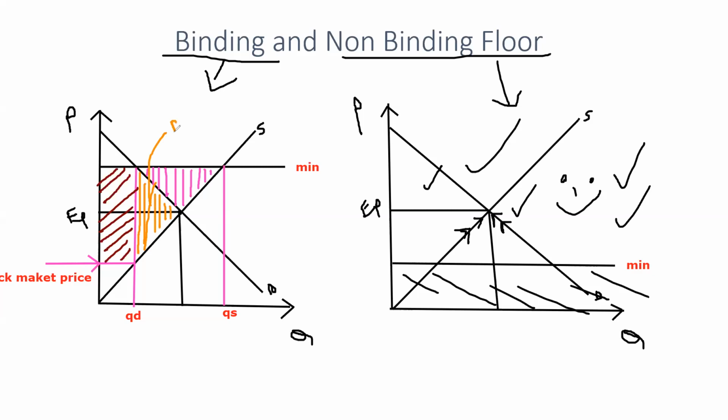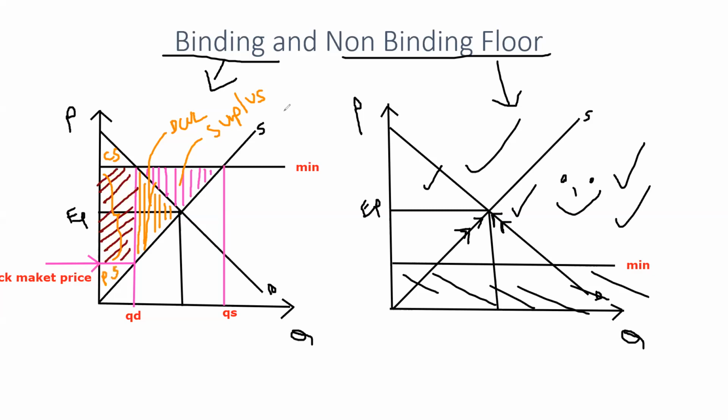So the triangle is dead weight loss. This area is a loss due to looking for jobs, wastage of time, energy, and money. And this region is the surplus of workers or unemployed people. We are left with this tiny consumer surplus and this tiny producer surplus.